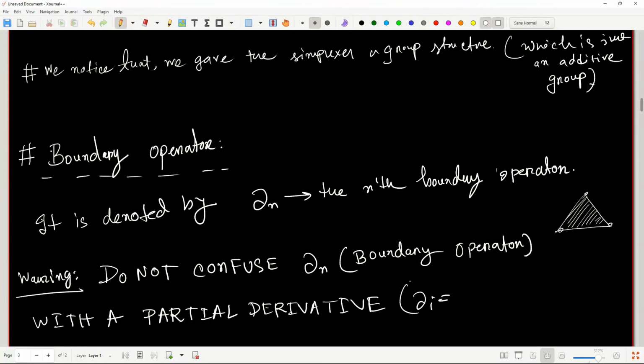Even though they are both denoted with dels, do not confuse them, because these two mean totally different things. So in this set of lectures, whenever we write this del of n, you will understand that we're talking about a boundary operator.